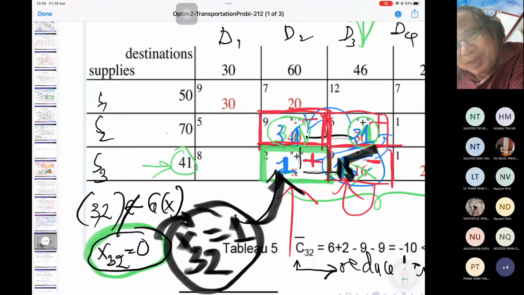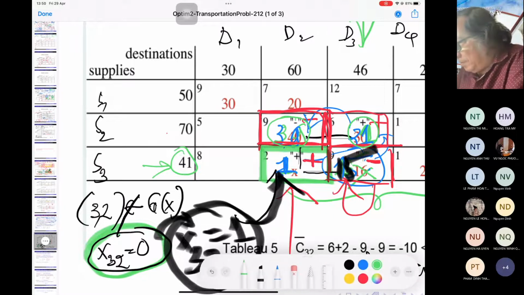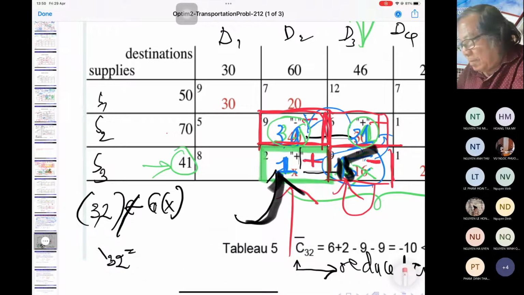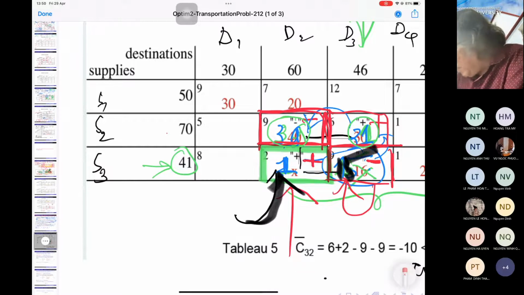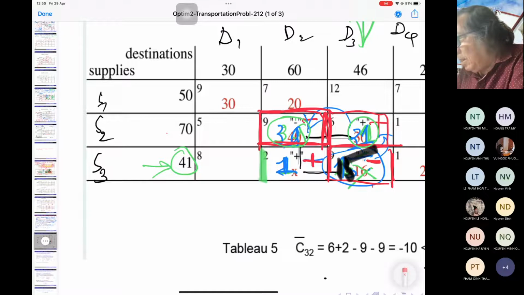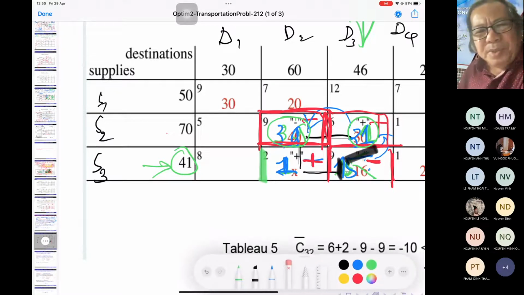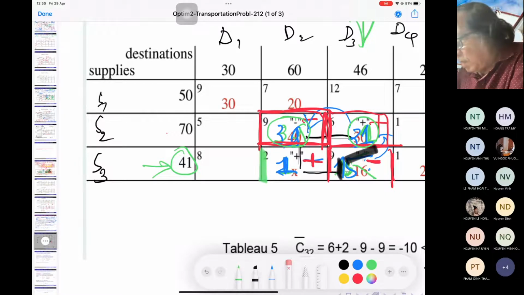The cost will be changed. So, take a look. Just look at the cells in the cycle, because the cells outside of the cycle I don't do anything. So look at the change.